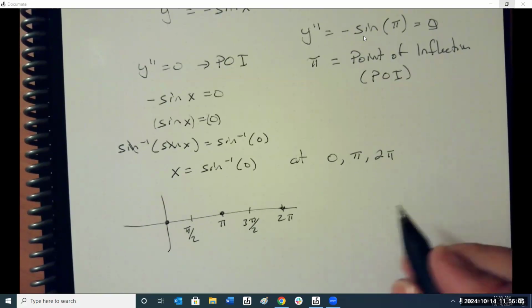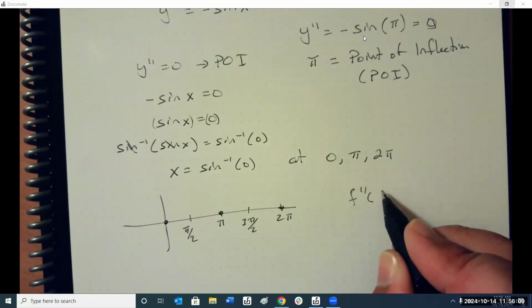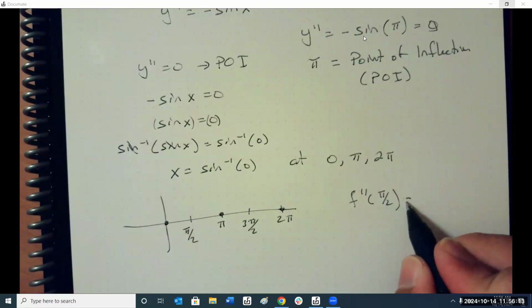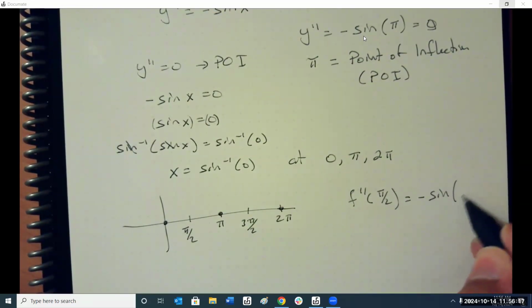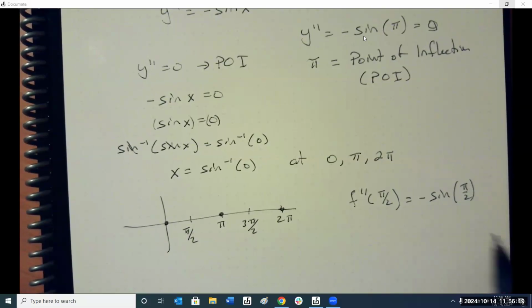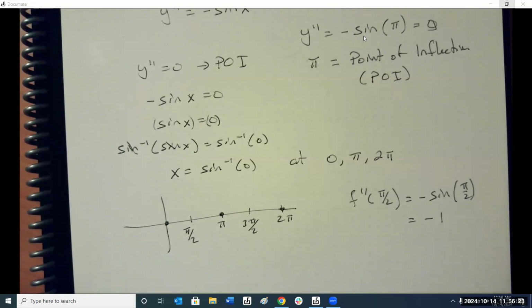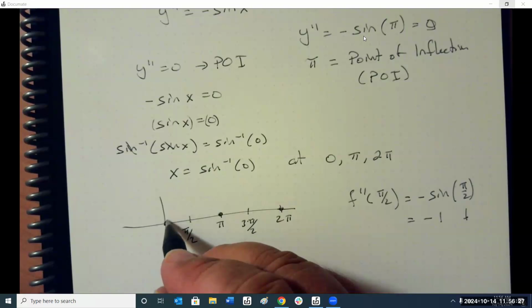So now let's look at what happens here. Second derivative at pi over 2 is negative sine pi over 2. Sine pi over 2 is 1, so it's negative 1. So it's concave down.